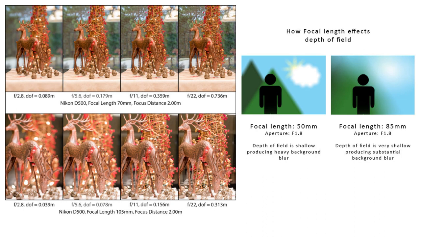And this is basically an example from the website of how each time you change the distance and the focal length, the depth of field changes, depending on the adjustments you made.